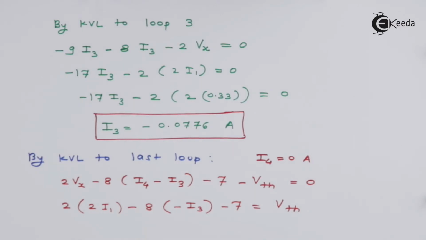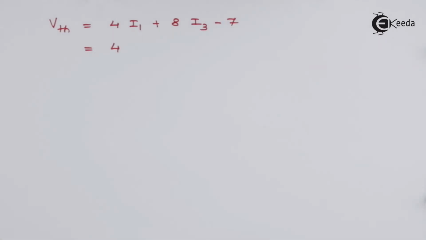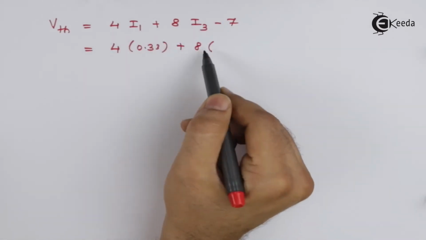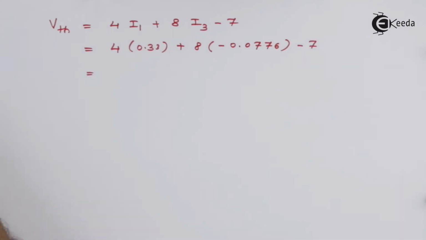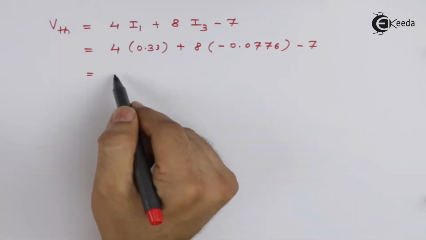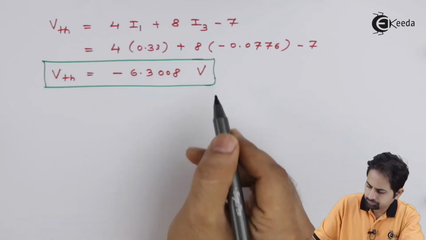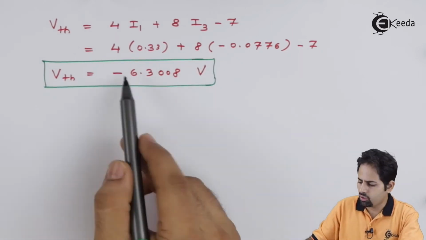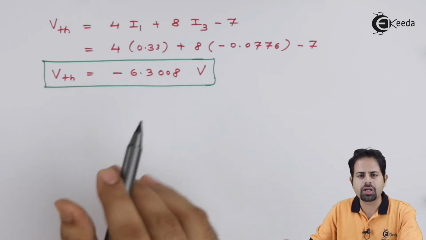Now I will solve it. So the value of VTH that I got is minus 6.3008 volts. So this is about step number 1.